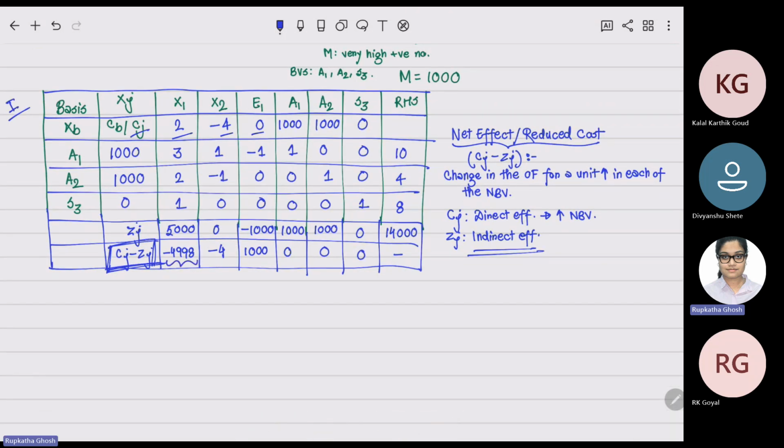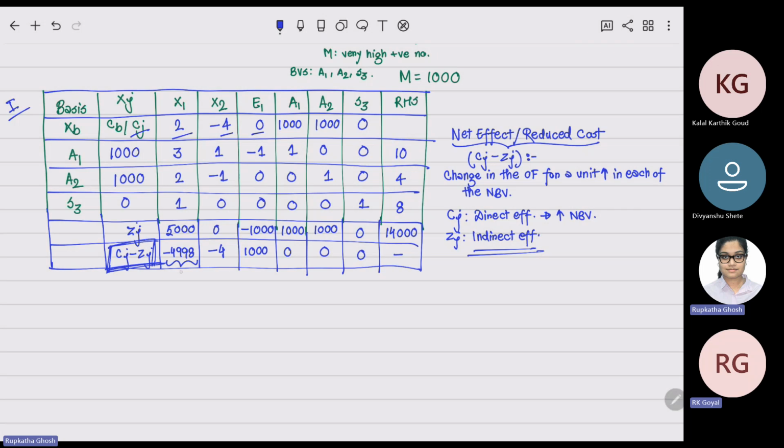So that means x1 will improve the objective function value very fast, 4998 times compared to the other non-basic variables. That is what is meant by the definition of this. And moreover, this value is in minus, and the problem is minimization. Exactly.